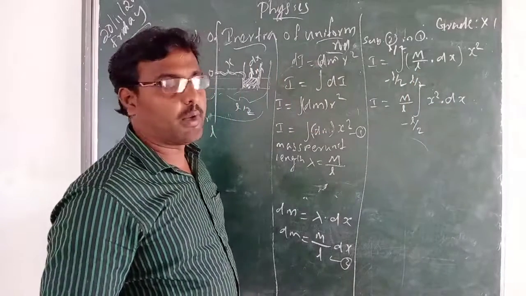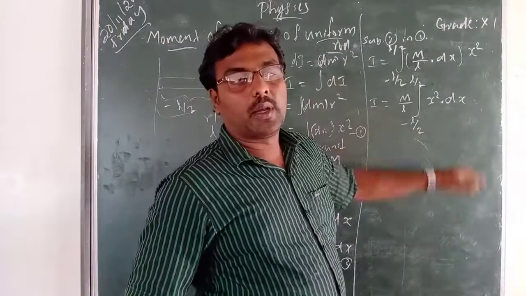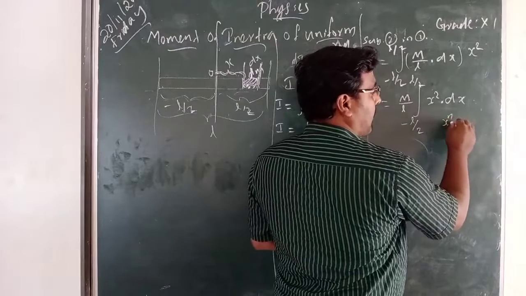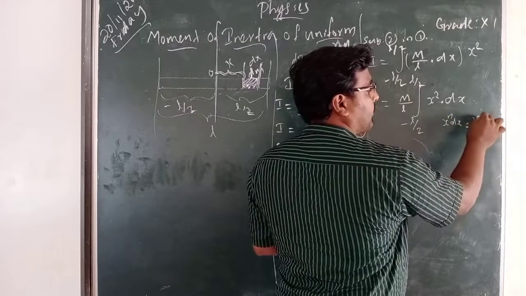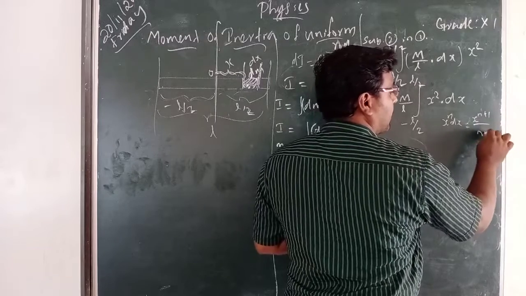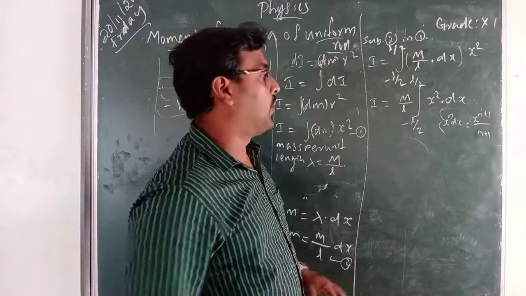Now integrate this, we know this format. The formula for the integral of x power n dx is x power n plus 1 divided by n plus 1. So the integral of x square is x cube by 3.